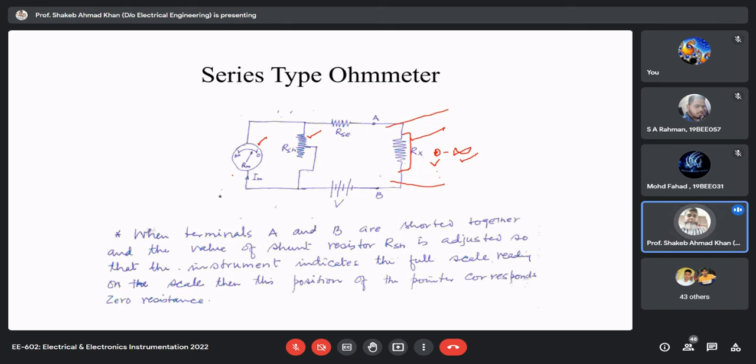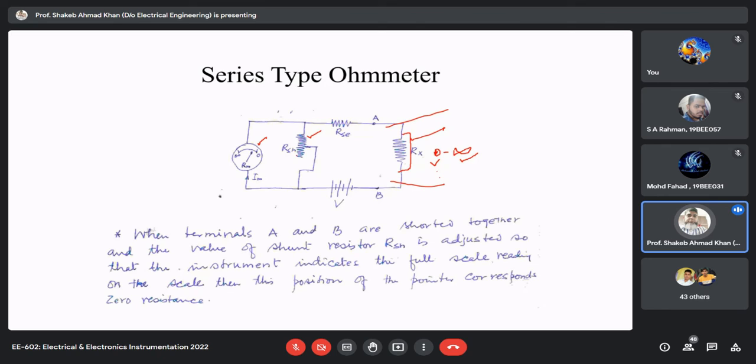One condition is that the shunt resistance may have a higher value than the proper value. In that condition, if the shunt resistance is more than required, then more current will flow through the meter and it may damage your meter.